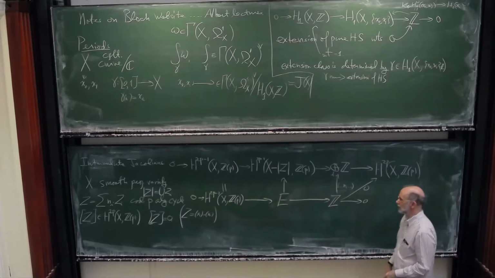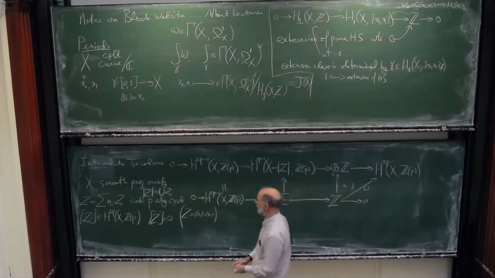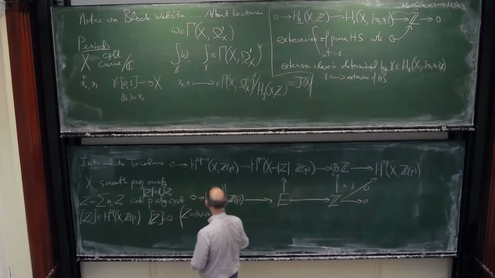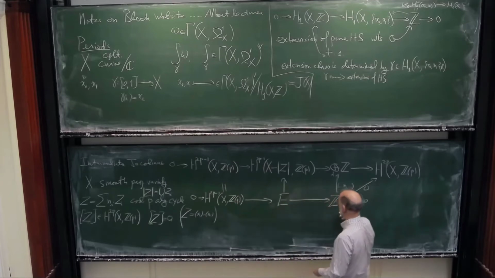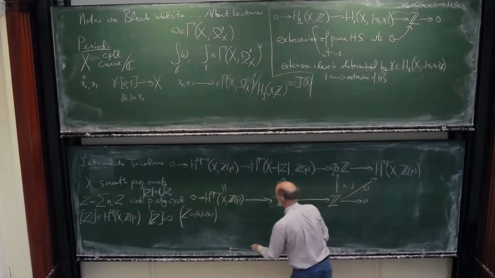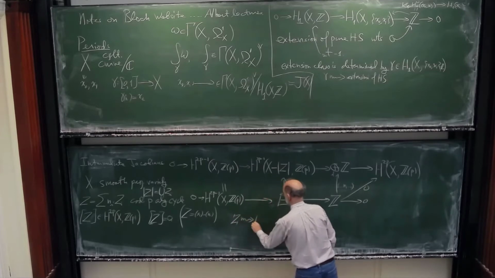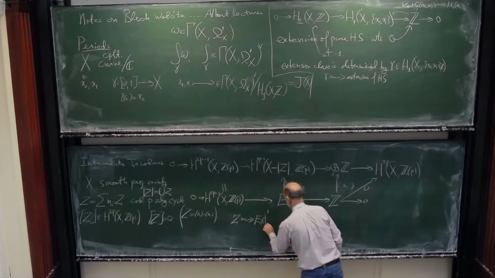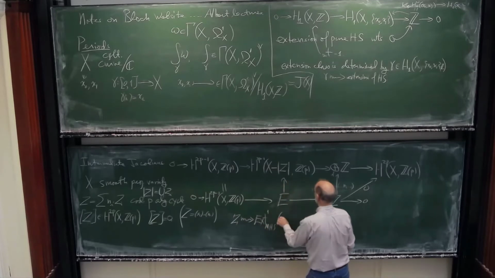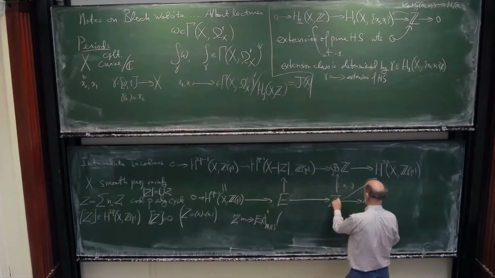So in other words, cycles homologous to 0 give me extension classes. So my Z gives me an element in Ext^1 in the category of mixed Hodge structures of Z, this is Z(0).